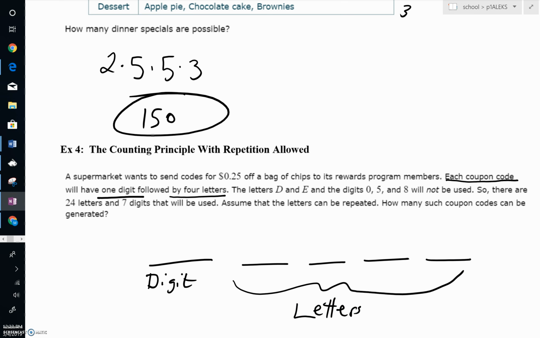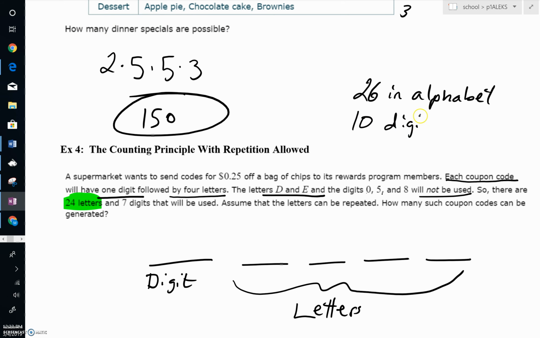We know that there are 26 letters in the alphabet, but D and E, as well as the digits 0, 5, and 8, will not be used. So we've got 26 letters in the alphabet. But the letter D and the letter E are not used. You're losing 2 choices. You're going to be down to 24 possible letters. Likewise, when you have digits, there are 10 digits.